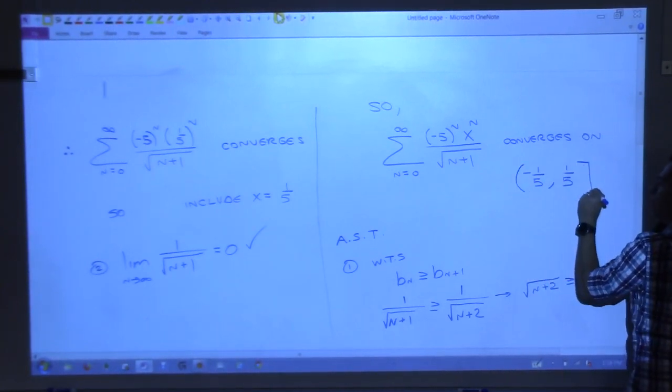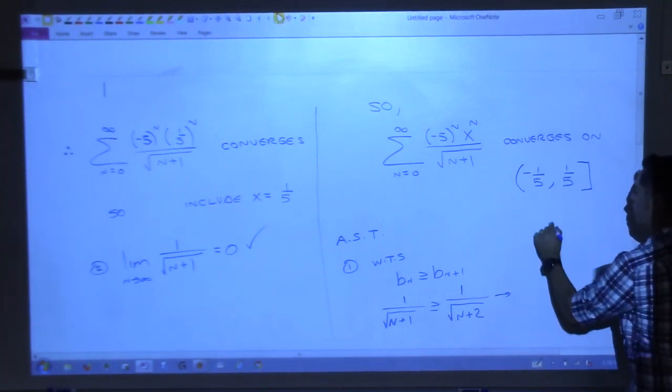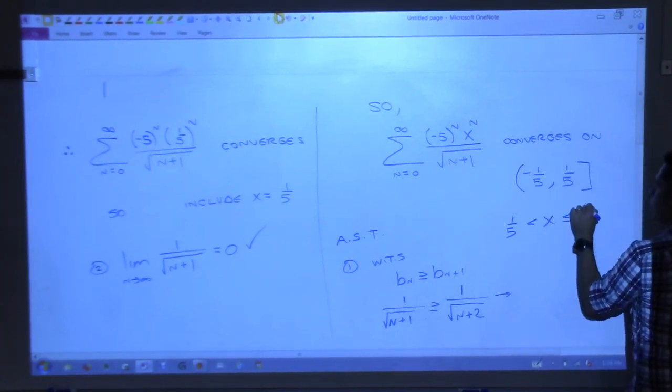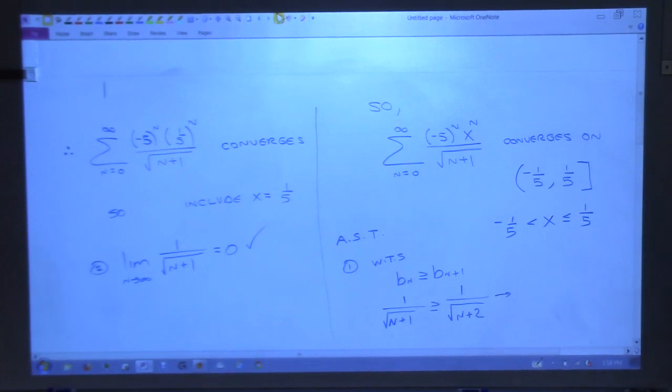We do want positive 1/5. If you don't like that notation, you could put x greater than negative 1/5 and less than or equal to 1/5. That's it. It's a lot of work to get that, huh?